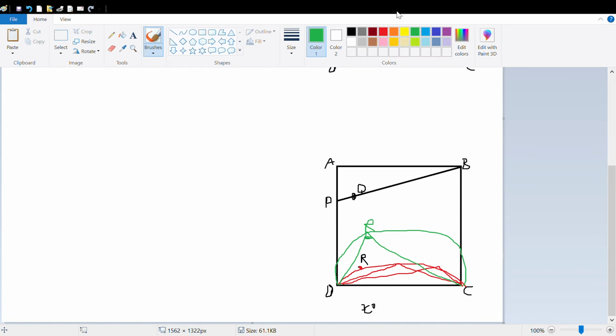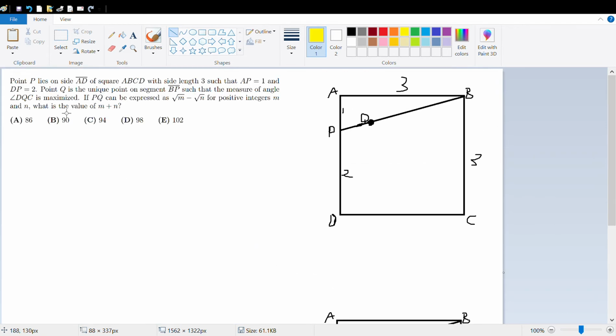If we draw an even bigger arc, like maybe this one, you can see we get an intersection. And this intersection means that this angle is possible. So there's a point along PB such that DRC is that angle. So the bigger arc means a smaller angle.